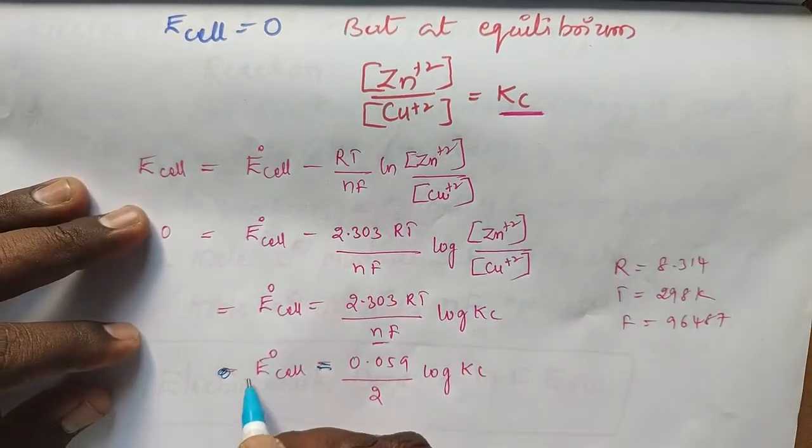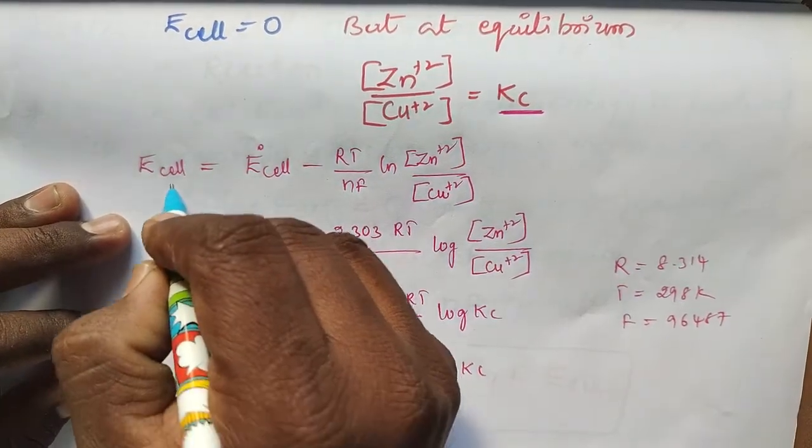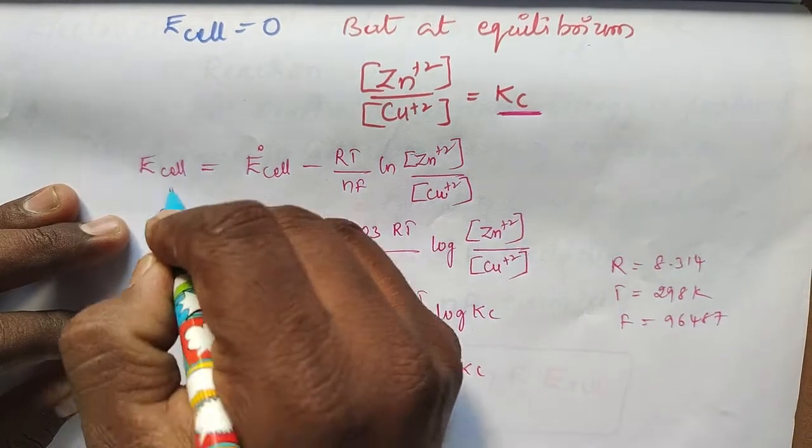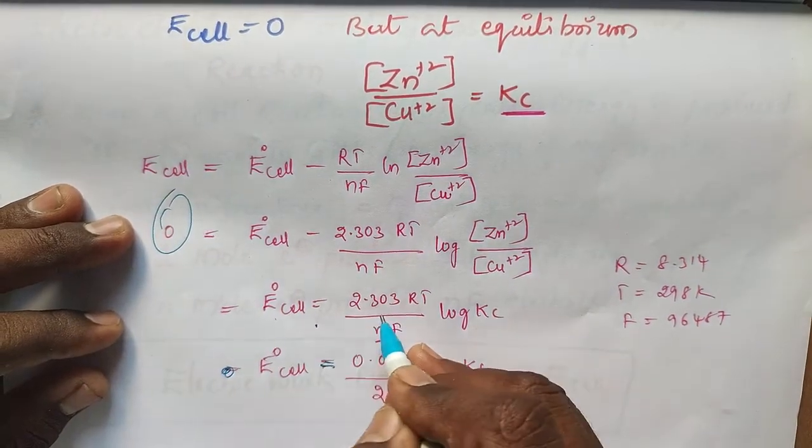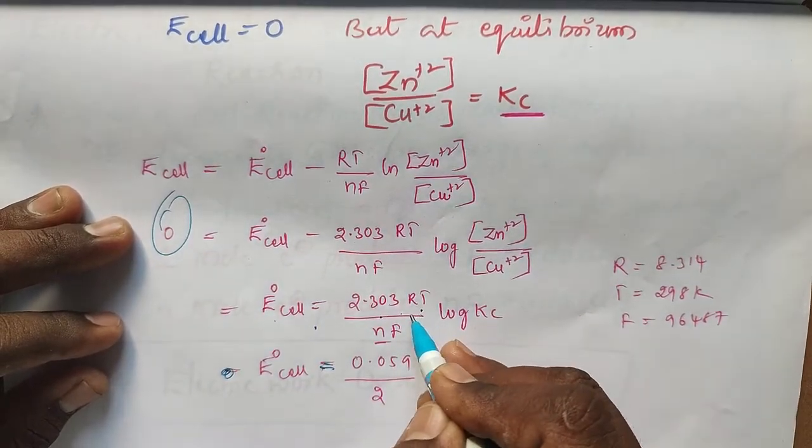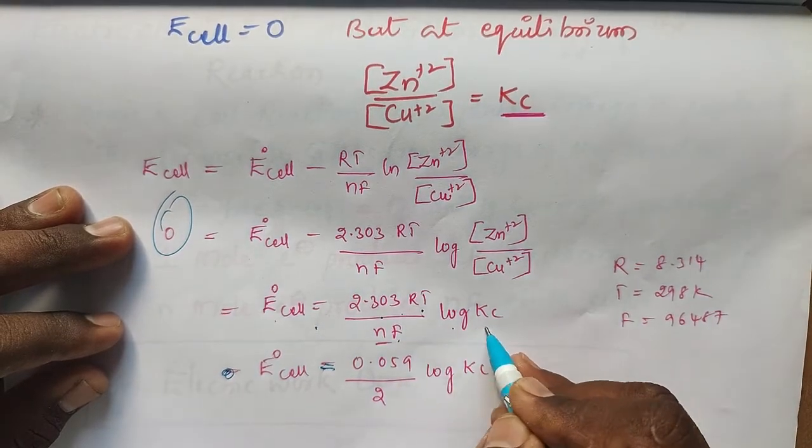So E naught cell, where E cell equals 0, you directly take E naught cell equal to 2.303 RT by nF log Kc.